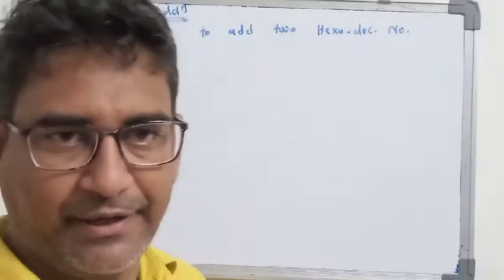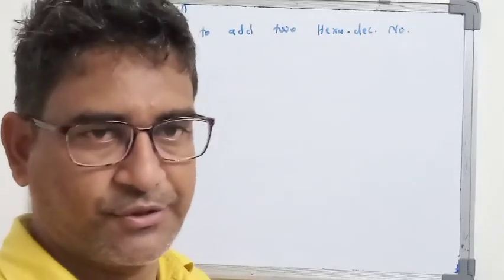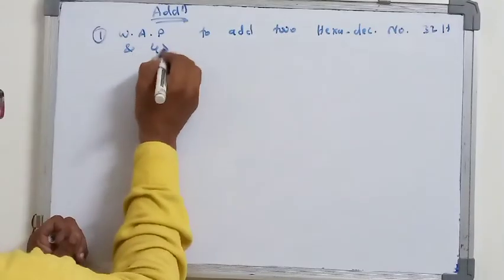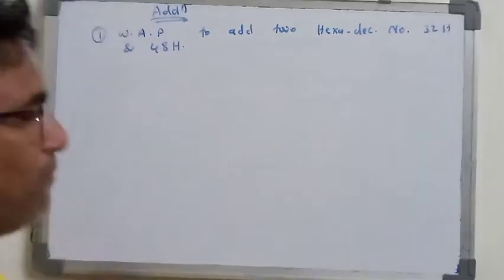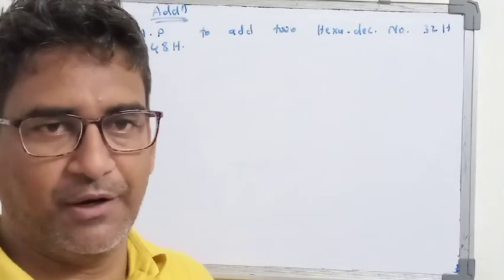We will directly take the hexadecimal numbers and store them in a particular register. The numbers assigned are 32H and 48H.